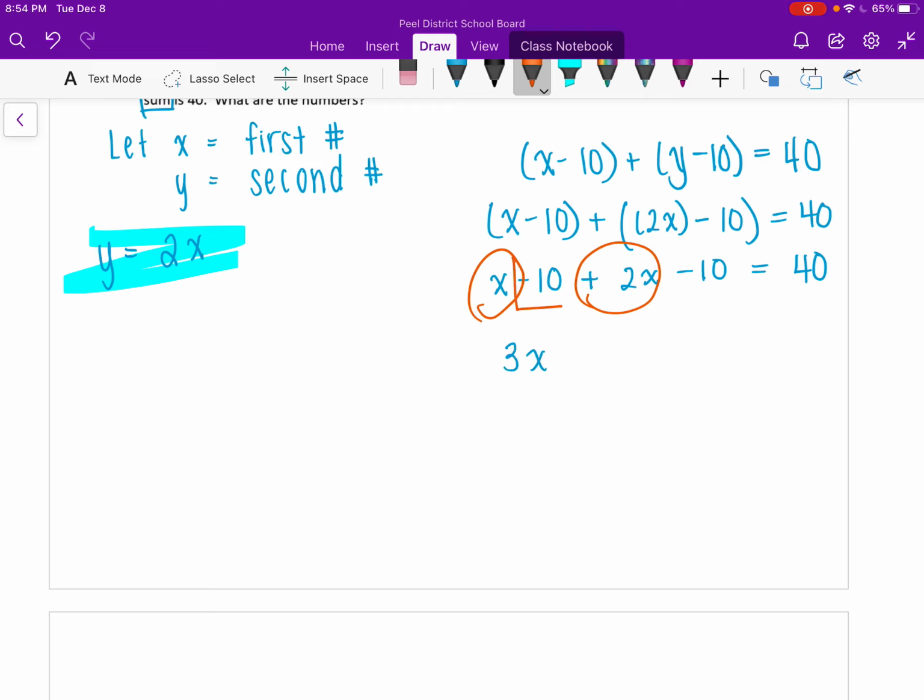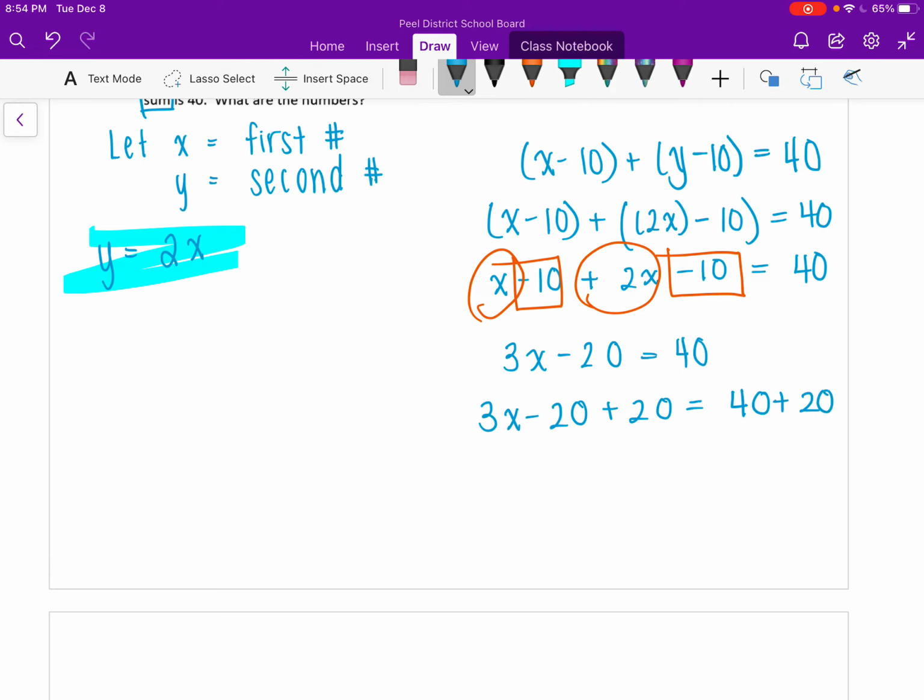Then I have a minus 10, minus 10, which is just going to be minus 20, which is going to give me 40. And now I just got to isolate for that 3x, so I'm going to get rid of that negative 20. Got to add 20. Other side, 40, got to add the 20. 40 plus 20 is going to give us 60. On this side, it's just going to give us 0, so we won't write it in.